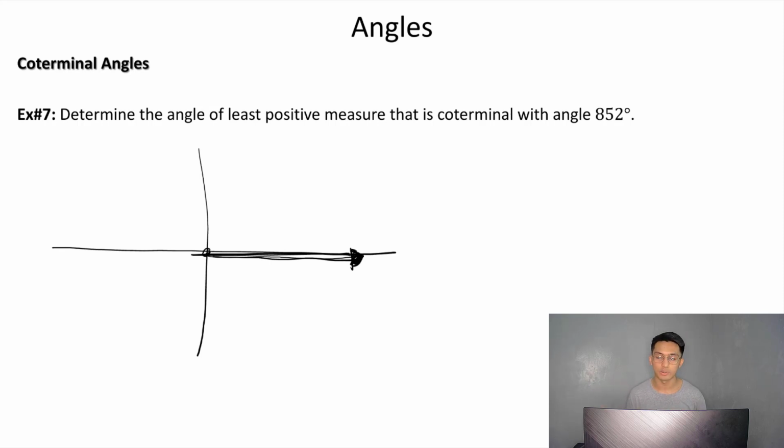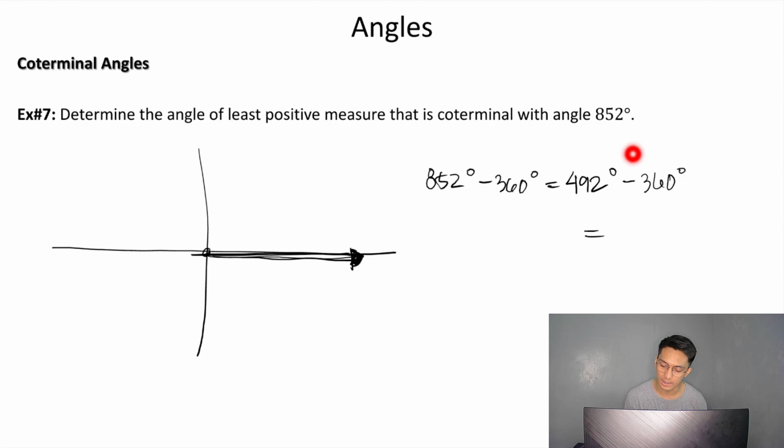So, para malaman natin kung ilang rotation, we have 852 minus 360 degrees. Ilan yan? We have 492. Dahil sobra pa siya ulit ng 360, may isa pa siyang rotation within. So, subtract ulit natin 360 degrees. Magiging sagot, we have 492 minus 360. Na-solve na natin ngayon yung coterminal angle niya which is 132 degrees.